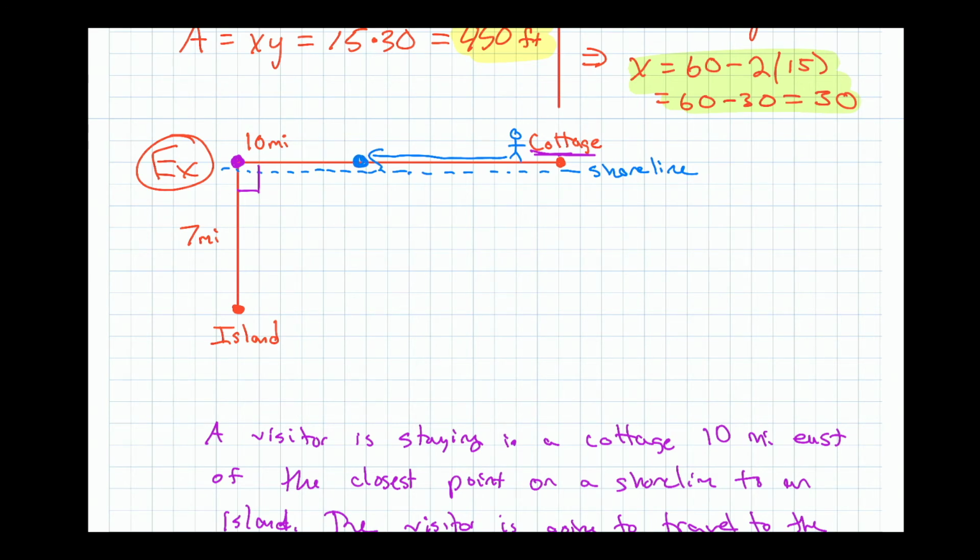And when they stop running, they're going to swim to the island. Like that. So first they're going to run, and then they're going to swim. Okay? So that's what's happening.